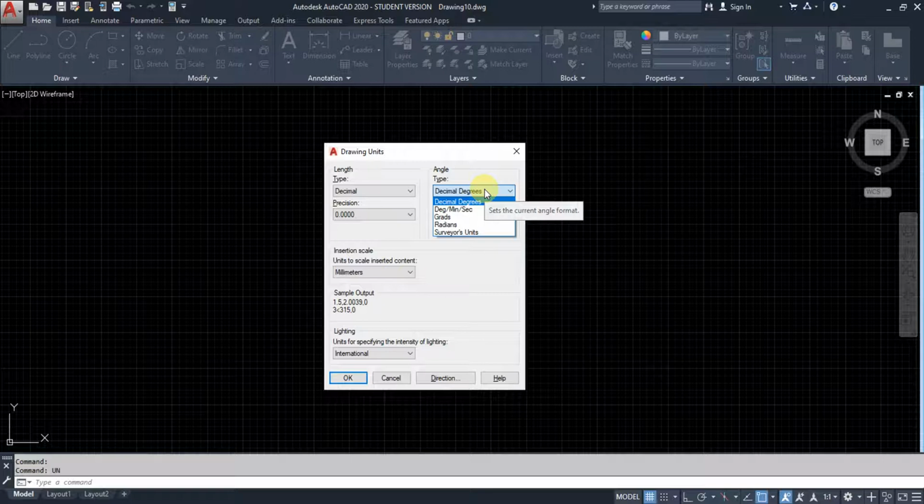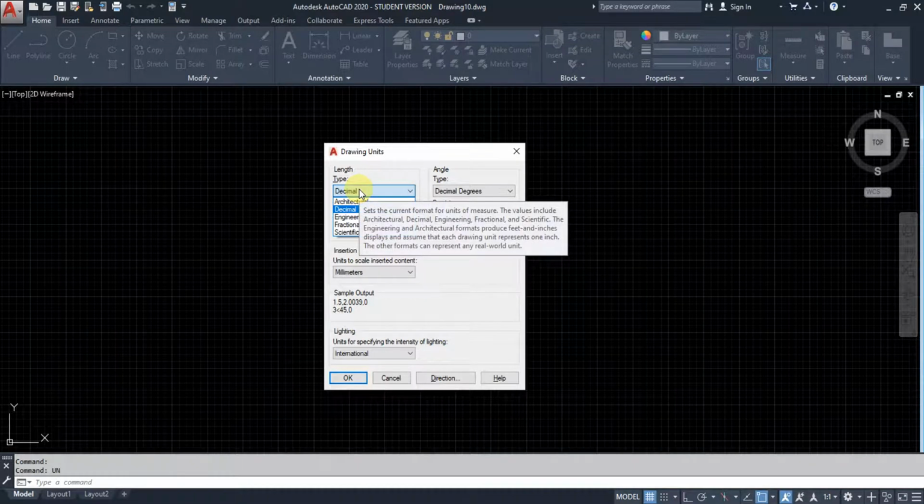Decimal degree is the one commonly used by many people, so we no need to learn more about it now. In future videos, while I am teaching more commands and drawing, we can use decimal degrees, degrees minutes seconds, gradient, radian, and survey units, everything. Okay. So now we can concentrate on the length types.